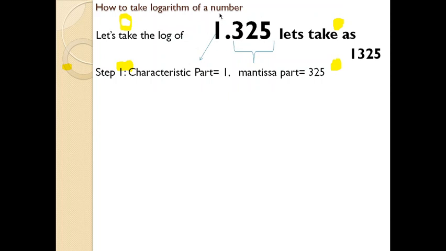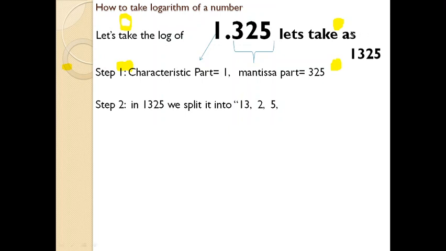We will discuss the peculiarity of this number at the end of the session. And the number which is after the decimal is known as the Mantissa part or Mantissa. So the number to the left hand side of the decimal is the characteristic part, and whatever is after the decimal, on the right hand side, is the Mantissa part. Okay.